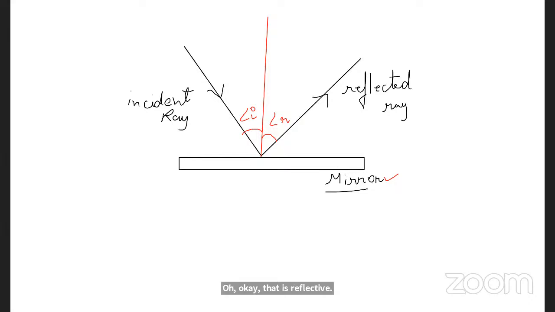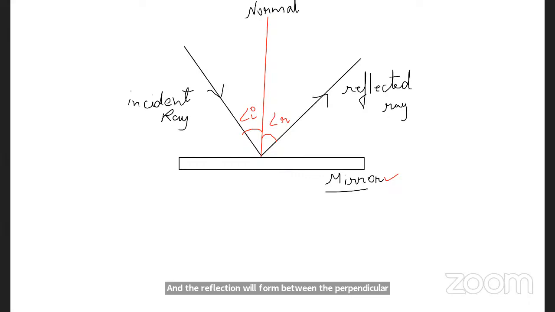This center point is known as normal. The angle formed between the incident ray and the normal at the point of incidence is known as the angle of incidence. Angle of reflection will form between the perpendicular and the reflected ray.